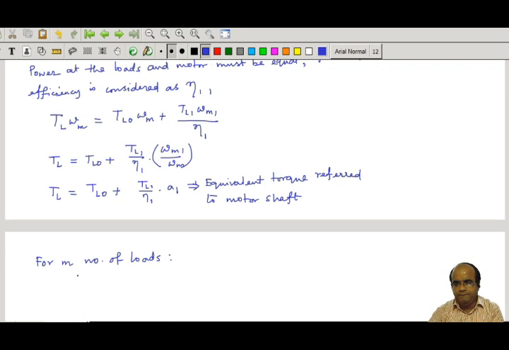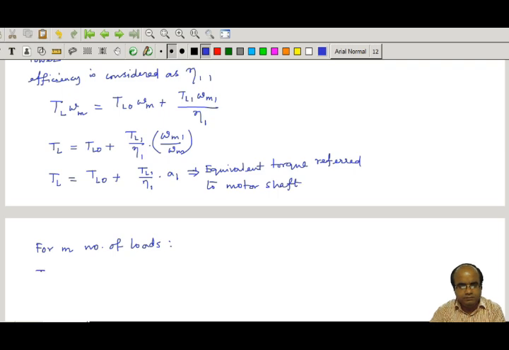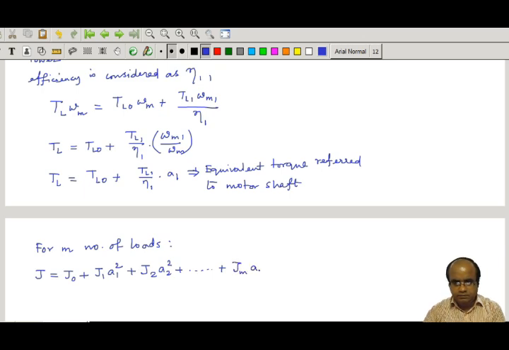Okay. Equivalent inertia will be J equals to J0 plus J1 a1 square plus J2 a2 square plus Jm am square.